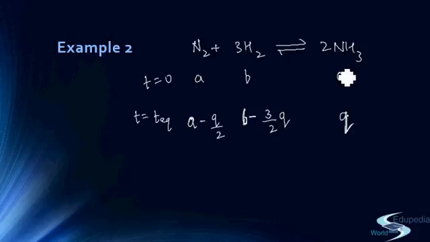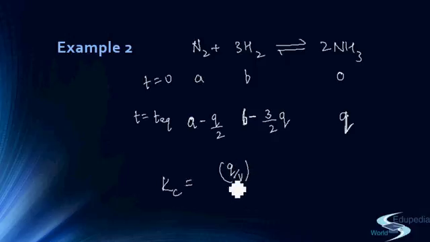That means 1 mole of ammonia will consume 3 by 2 moles of hydrogen, so Q moles of ammonia will consume 3 by 2 Q moles of hydrogen. You should try and get a feel of all these different ways of writing the same reaction and finding the expression of Kc in each case.